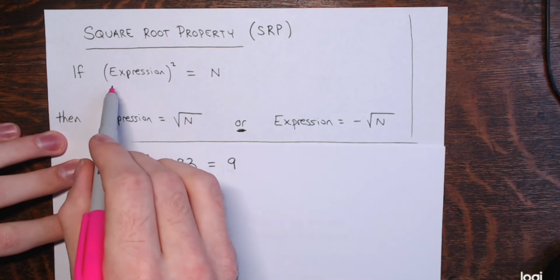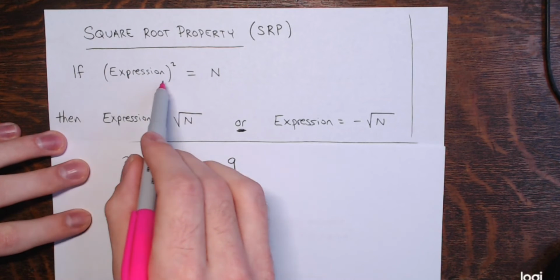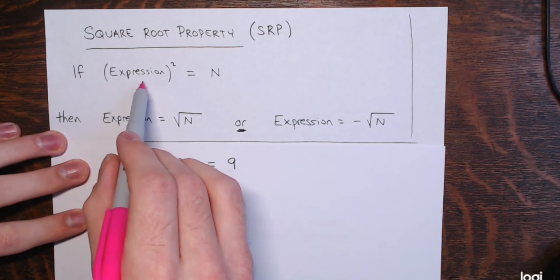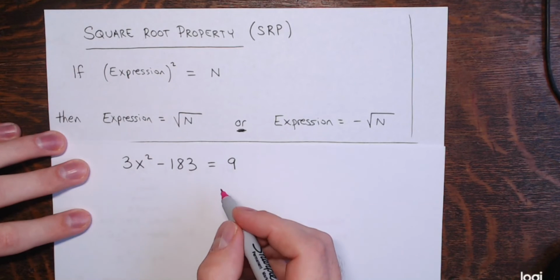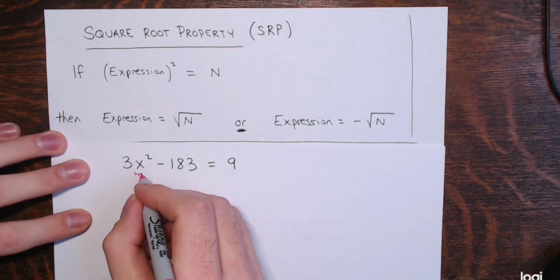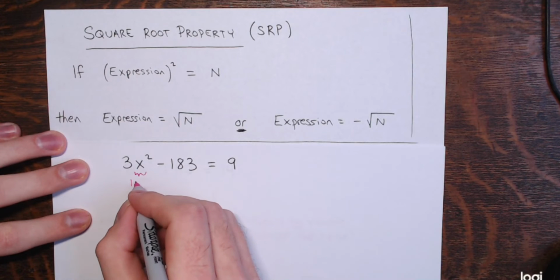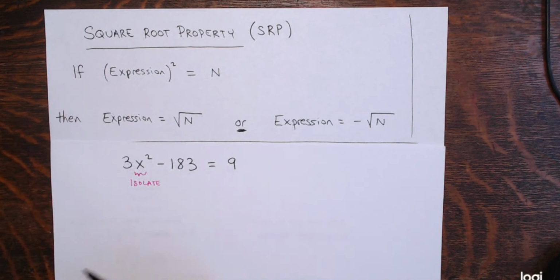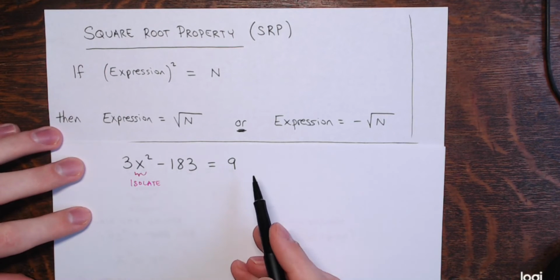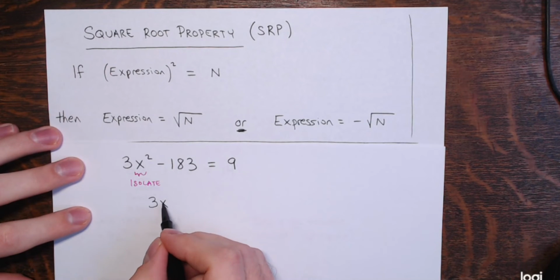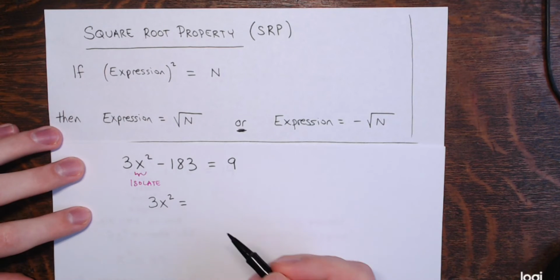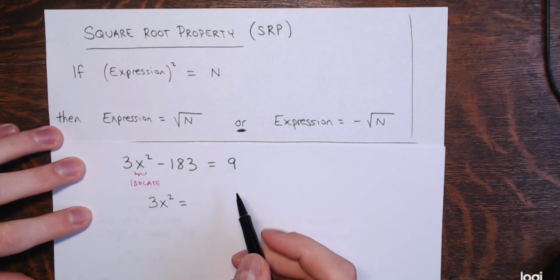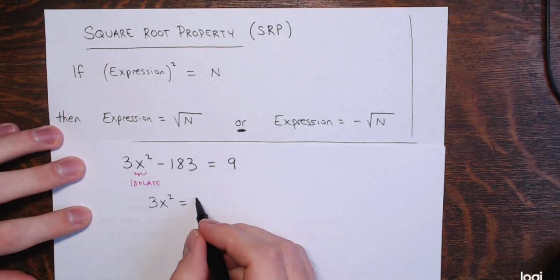So I want to start off by setting up the equation this way, where I have an expression squared equal to a number. So let's get this expression squared alone. Isolate this. First I'd be adding 183. So I'd have 3x squared equals, 9 plus 183 would be 192.